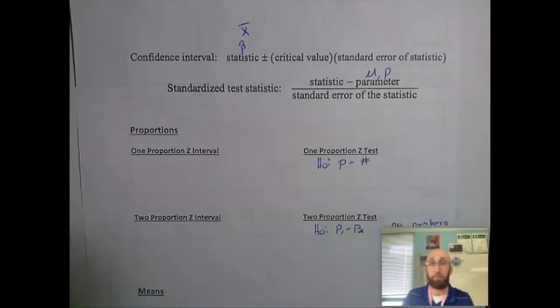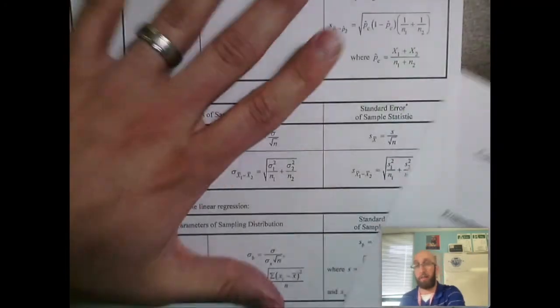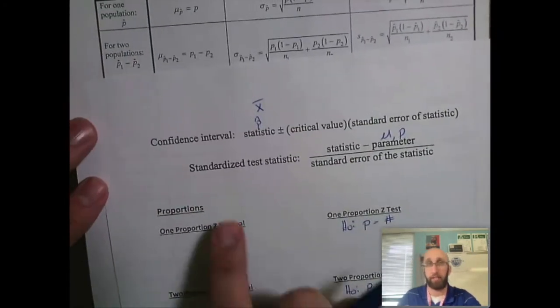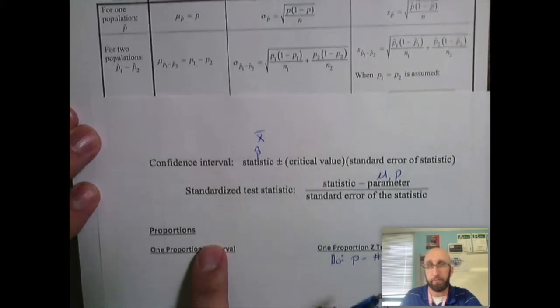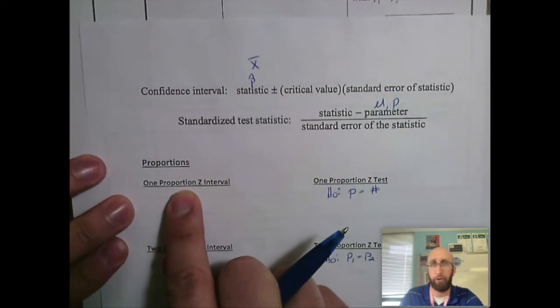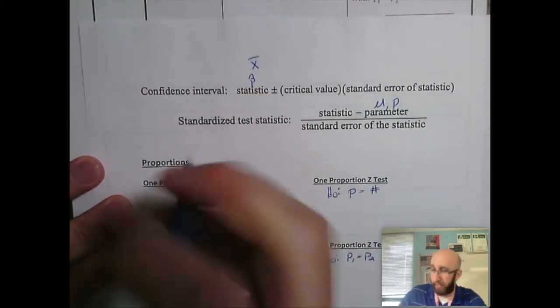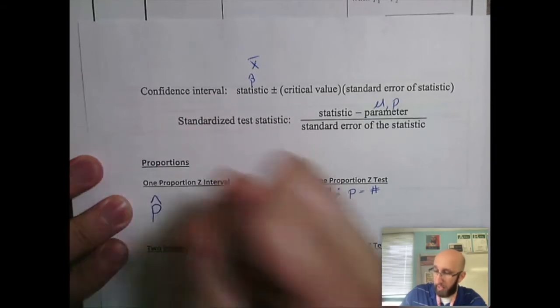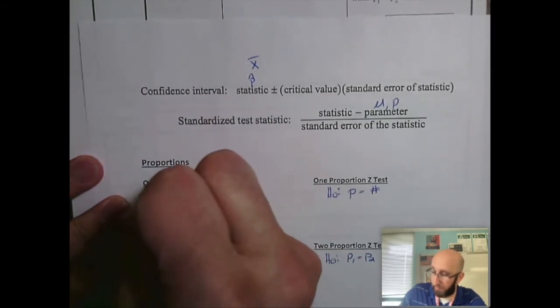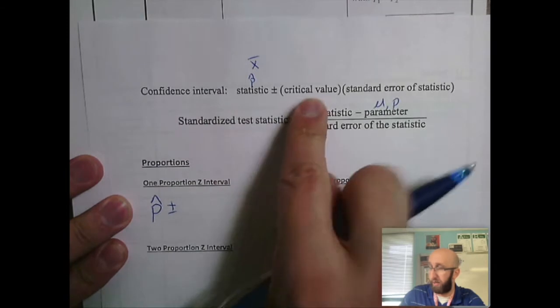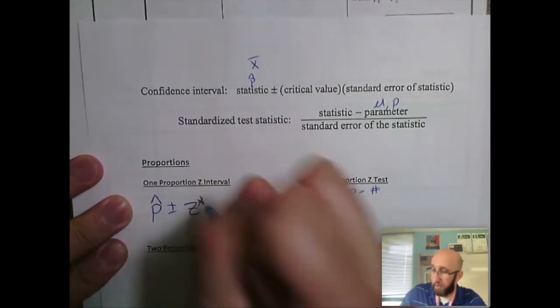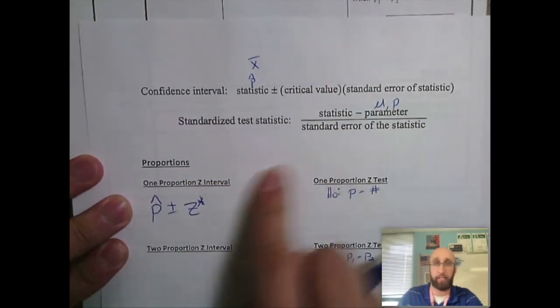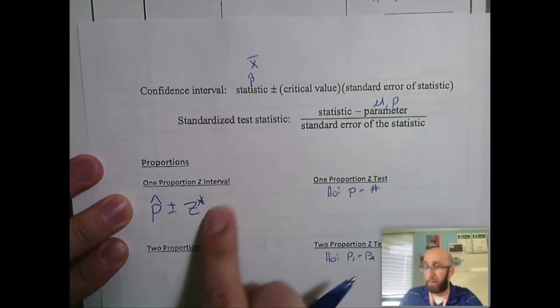I'm going to jump back and forth talking about my intervals and then referencing this sheet. So let's start with the proportions. Say I wanted to do a 1 proportion z interval. You have to pick your statistic, which is a p-hat, plus or minus a z star, and then we need our standard error of the statistic. Let's say I forget the back end of this.